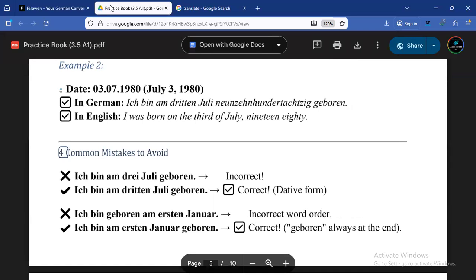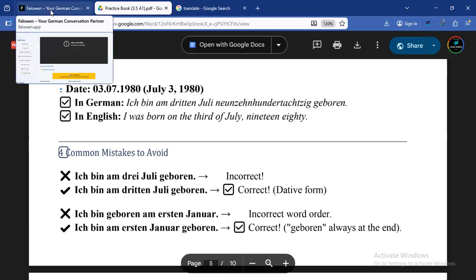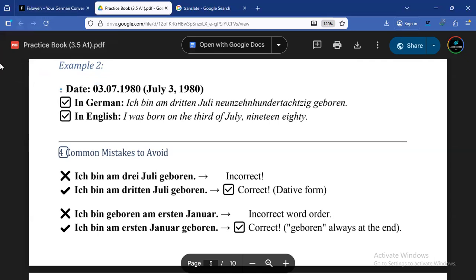Dritte, not drei. My bad. Third is dritte. This one is dritte. So I just added an additional N to it. I understand, but I was asking why is it a double T? Because third should be drei. So wherever we see am, we have to add TE, and why is it a double T? That is my question, please.